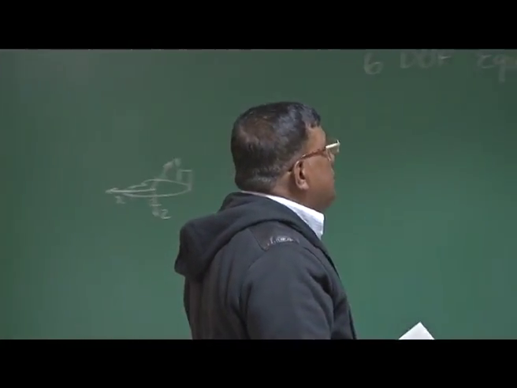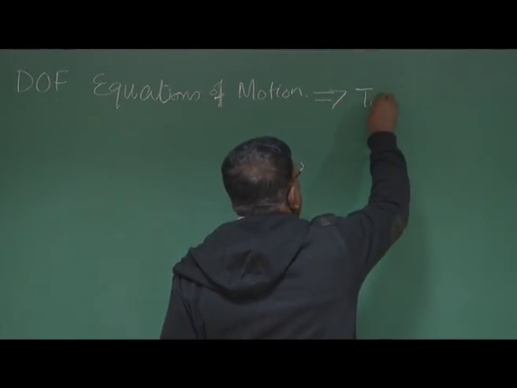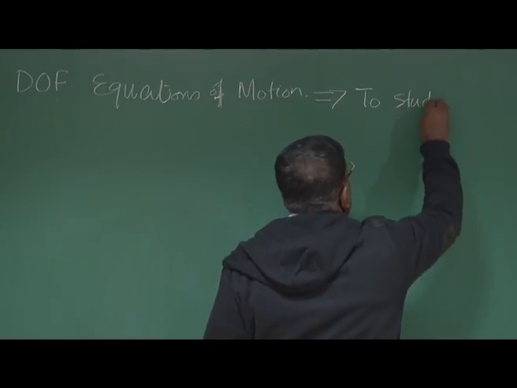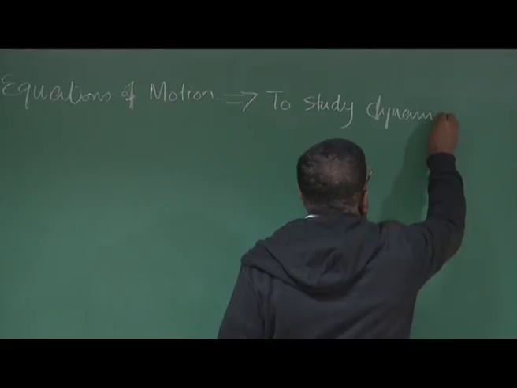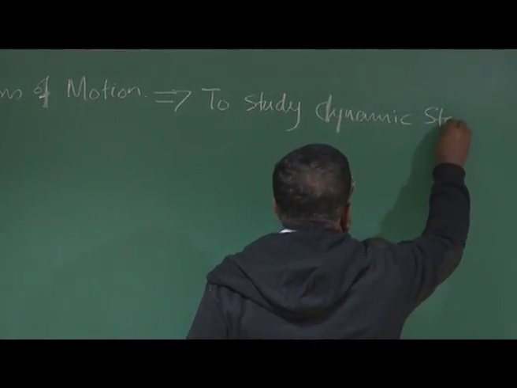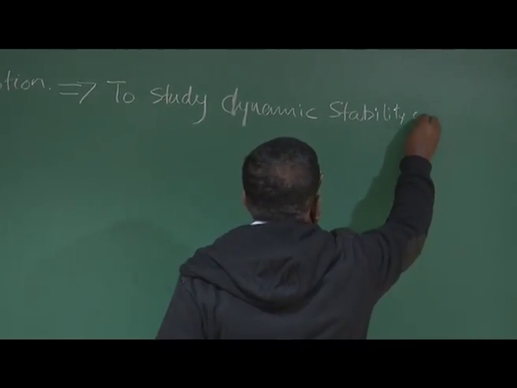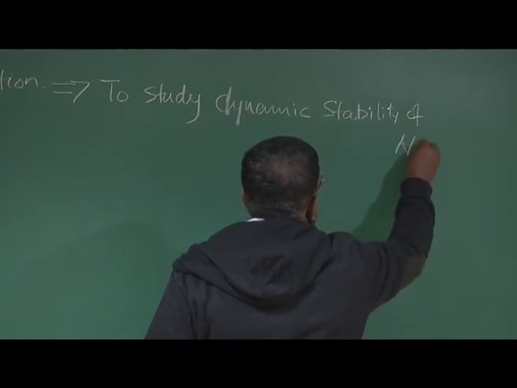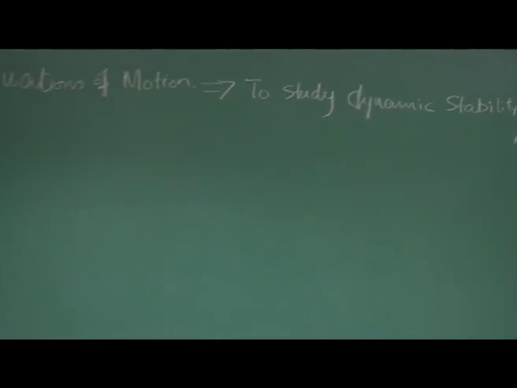Why are we developing this 6 DOF equation of motion? Our primary aim is to study the dynamic stability of the airplane. The 6 DOF equation of motion can be used for so many things.